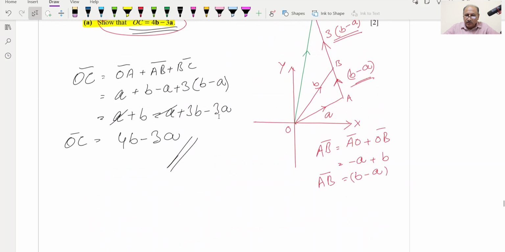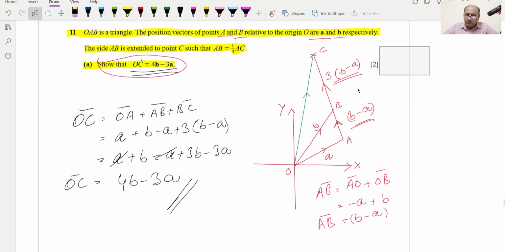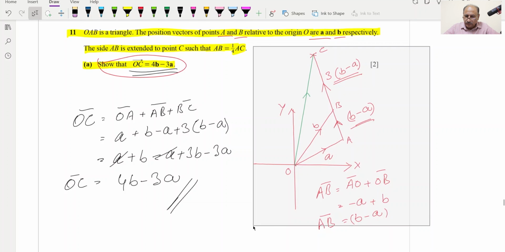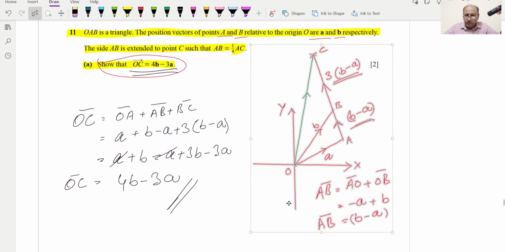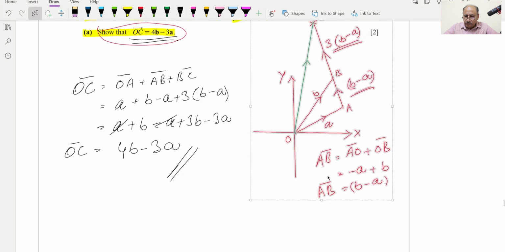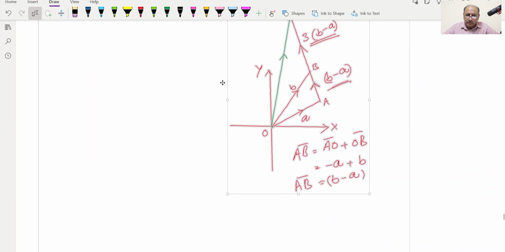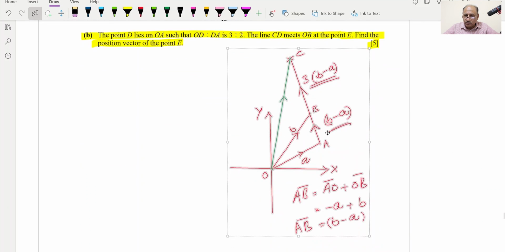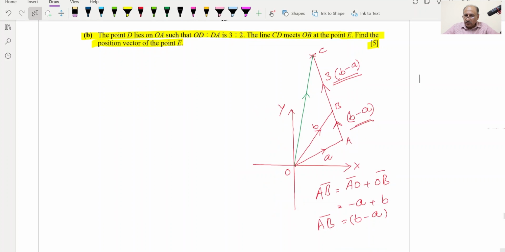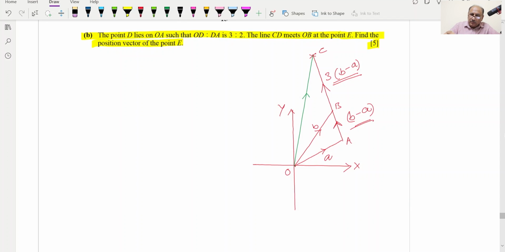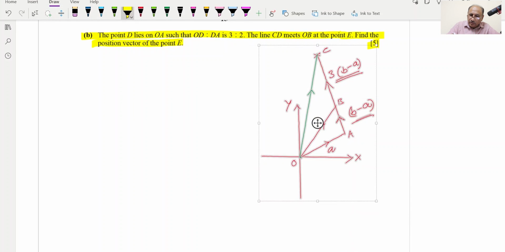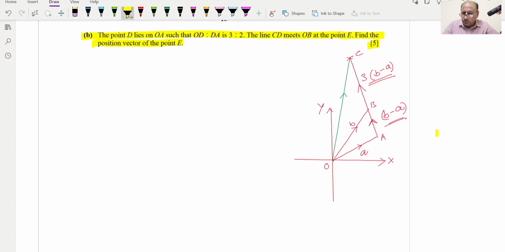The same drawing, to save time, I'm just copying this drawing and pasting it over here, and I will erase this lower portion which is not required. We can reduce it a little and move it over here. Okay, this is done.